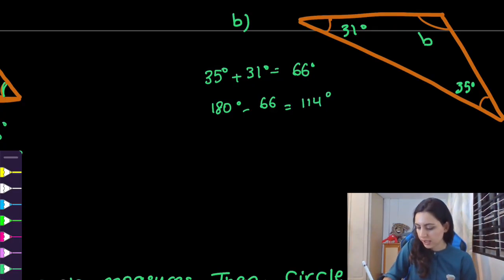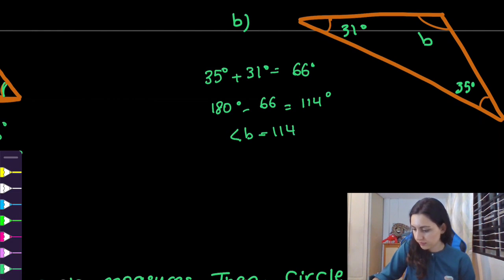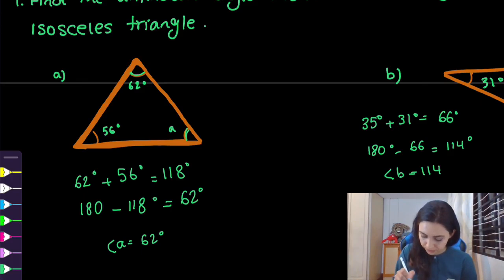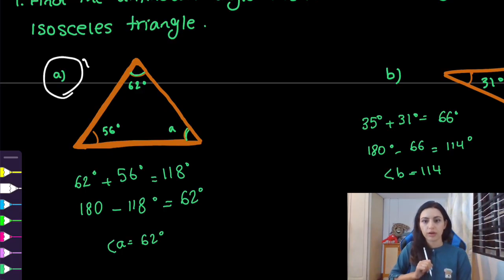So angle B is 114. So in B, one angle is 31 degrees, another is 35, the third is 114. But in A, we have two angles that are 62. So which one would be the isosceles triangle? A. So A is the correct answer.